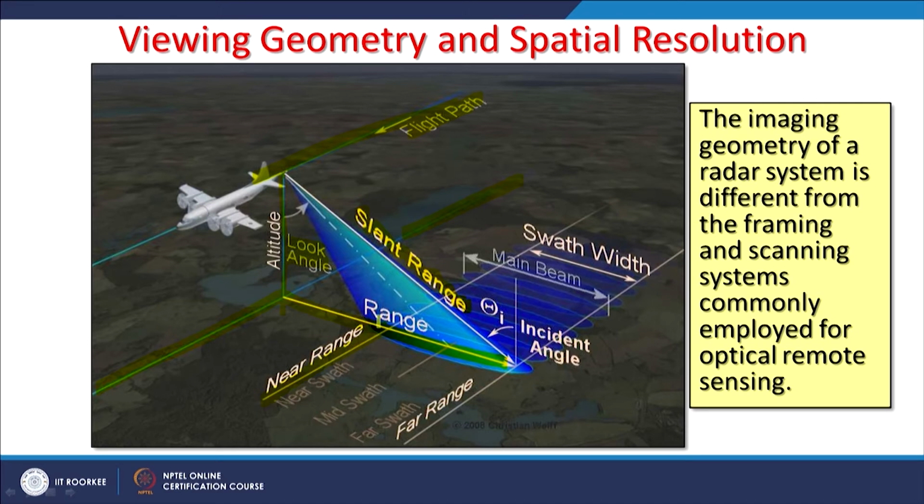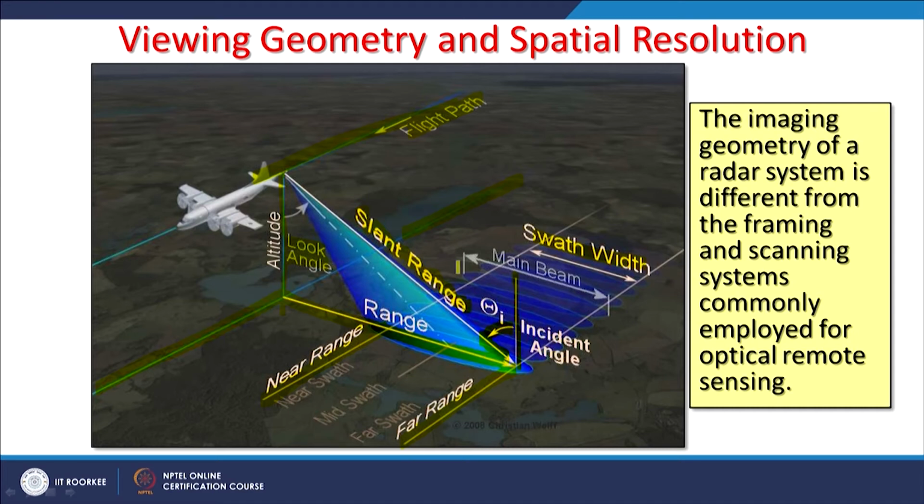The area which is near is called near range. The area which is far is the far range. Then if we measure this slant range with the vertical, this becomes our incident angle. And of course, as in normal remote sensing, there is a swath. So, here also you will have swath width, and that is basically between near range and far range. So, that is the main beam, and the swath is there. The main beam is a little larger than the swath we get.